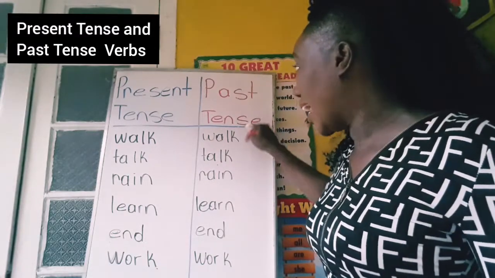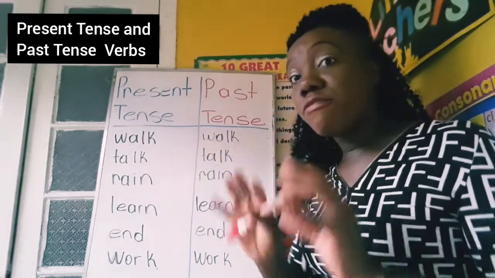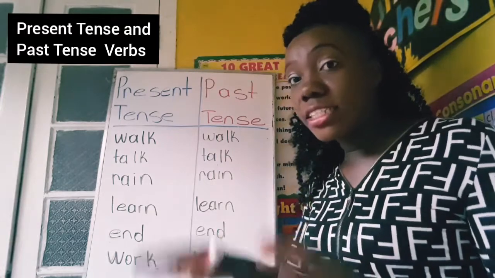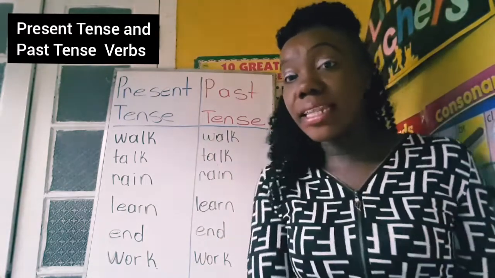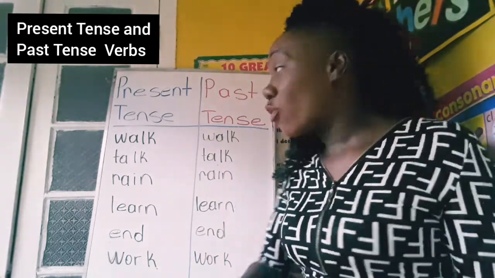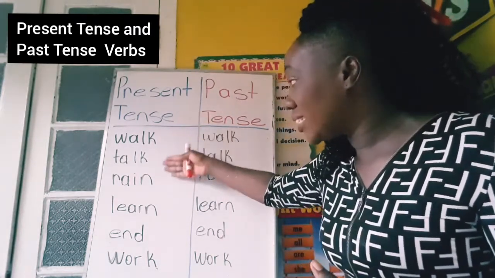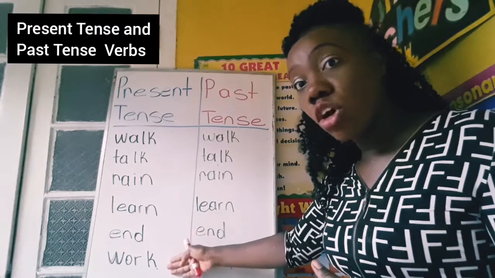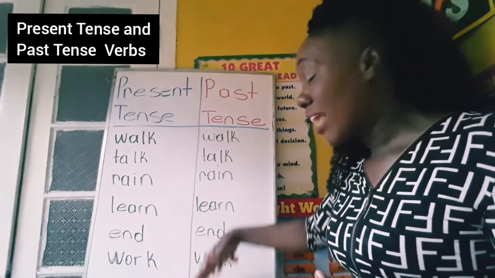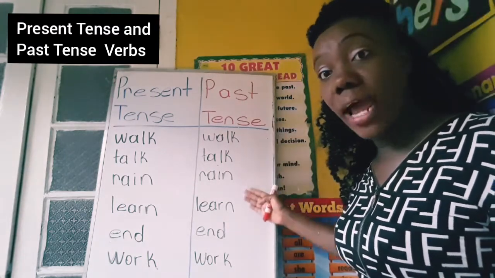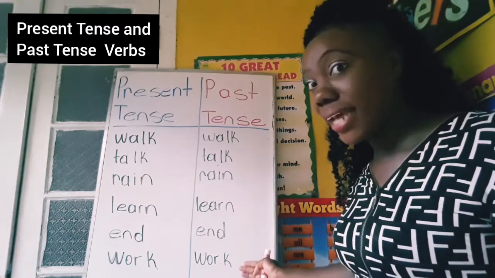And past tense talks about verbs or actions that have happened in the past. Now remember, I told you that we're going to learn how to write and spell present tense words, and how to write and spell them in the past tense.